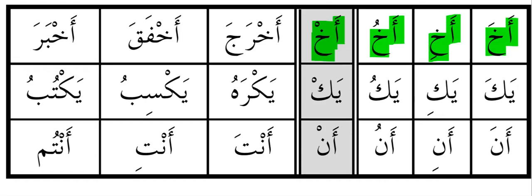Here, if we see the sukoon in the middle of the word, try and pronounce the whole word for me. So do alif, or a, and then the kha, and then the ra, and then the ja. So we say akh, ra, ja, akhraja.